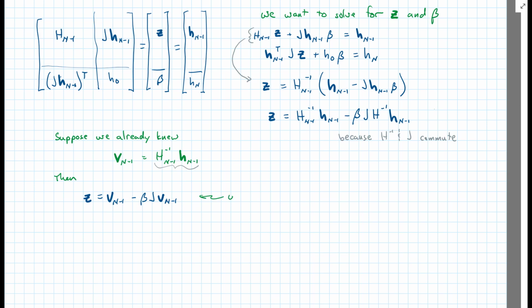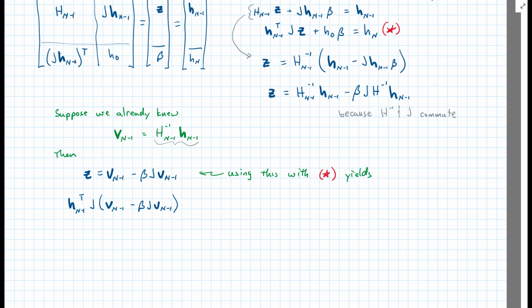So, using this with this equation that we haven't forgotten about, I hope, yields H transpose J z from our start equation, and now we put in our expression for z in terms of things that we postulate we know, plus H_0 beta is equal to h_n.